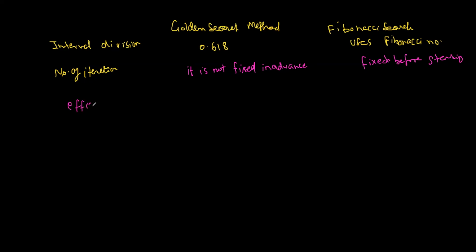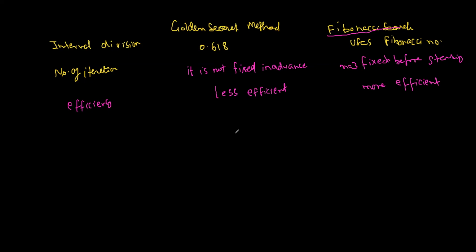Efficiency. Now the main matter is what is efficiency. So the golden search method is less efficient. Yes. This is more efficient. Means if you use the Fibonacci search method, you can, yes. It means the value of n. N is 3 means go up to 3 iterations. Yes. Understood?